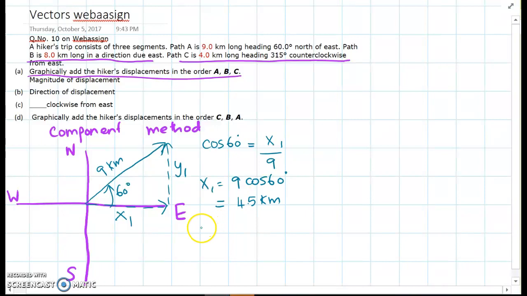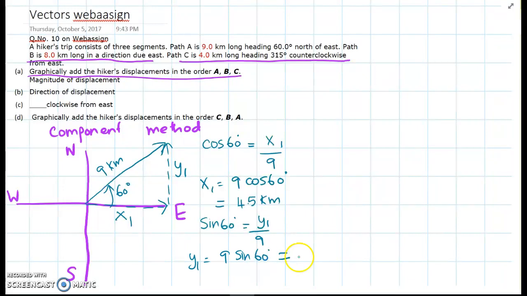Similarly, let's solve for y1. We want to use the sine ratio because sine is opposite over hypotenuse. You could also, because you know the hypotenuse and one of the sides, use the Pythagorean theorem. So sine 60 is y1 over 9. So y1 becomes 9 sine 60, which is equal to 7.79 kilometers.